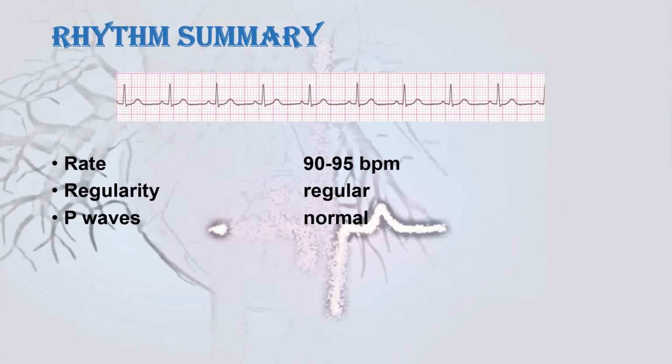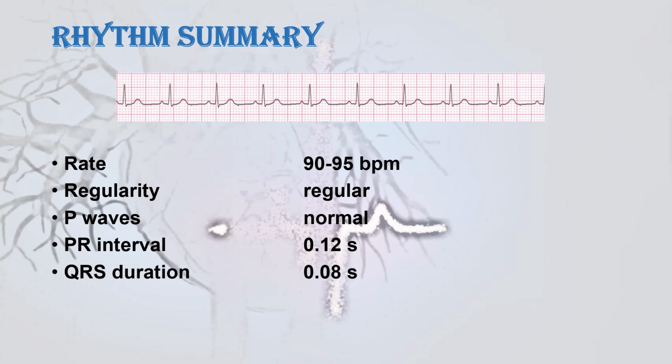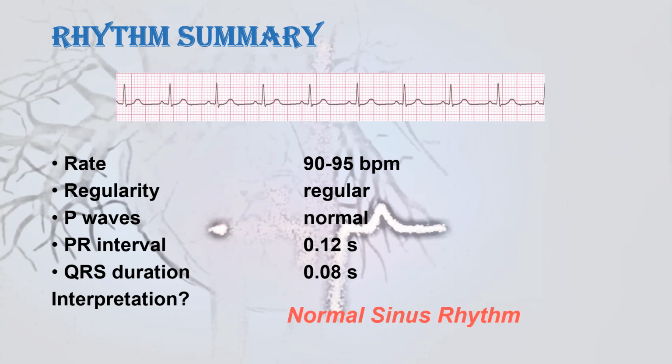In this case, it is regular. P wave, it is normal. And PR interval, it is supposed to be between 0.12 to 0.2 seconds. And QRS complex duration is normally 0.04 to 0.12 seconds. And the interpretation of this rhythm is normal sinus rhythm.